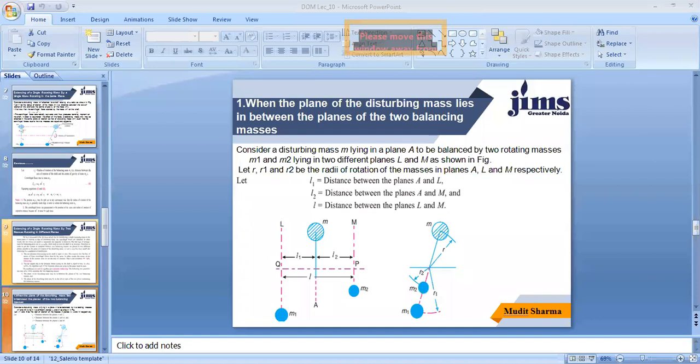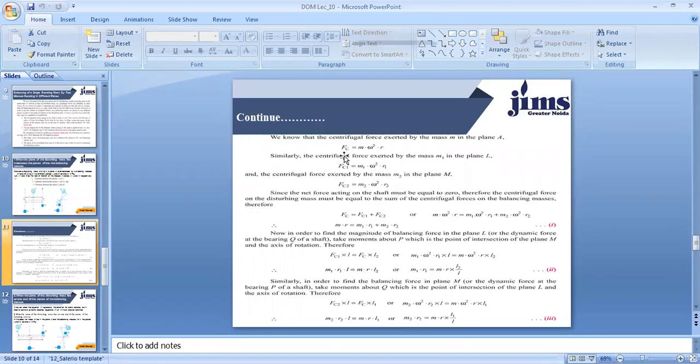Now you can see in this PPT, this is our final equation. Fc equals Fc1 plus Fc2. Fc equals mr omega square, Fc1 equals m1 r1 omega square, Fc2 equals m2 r2 omega square.